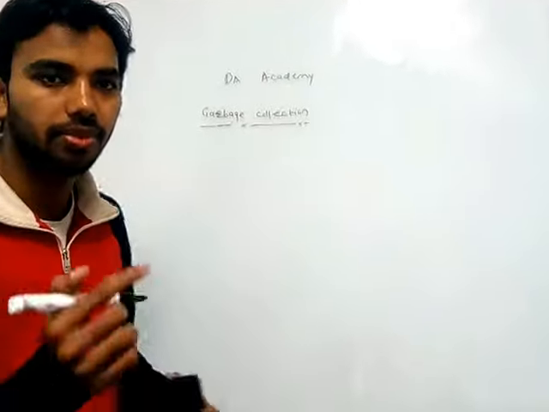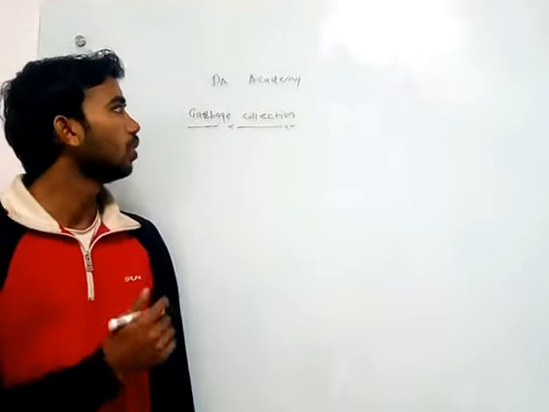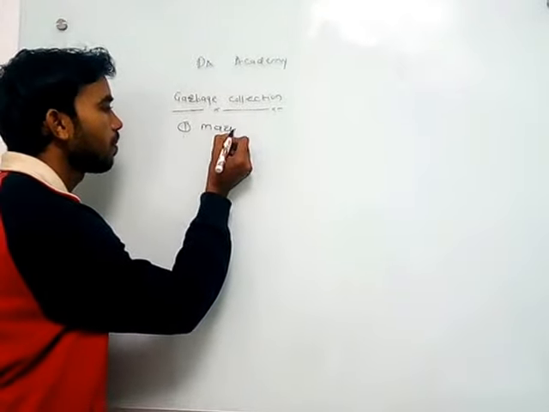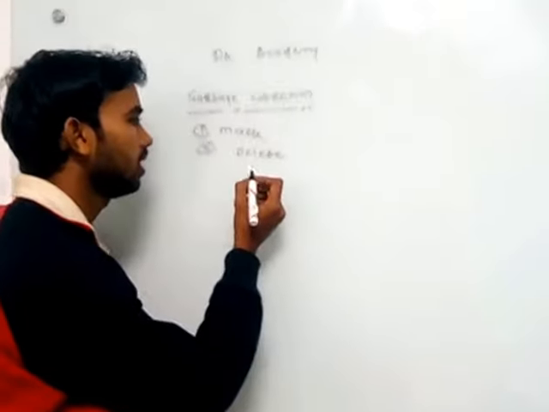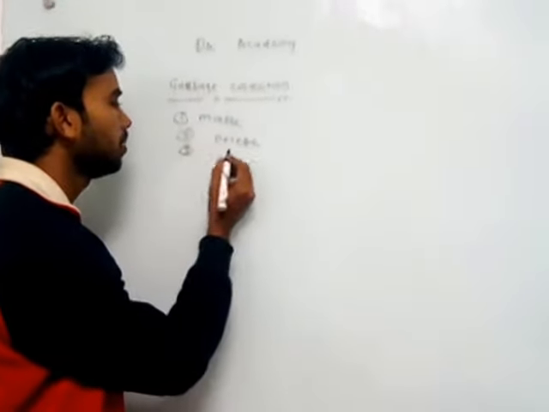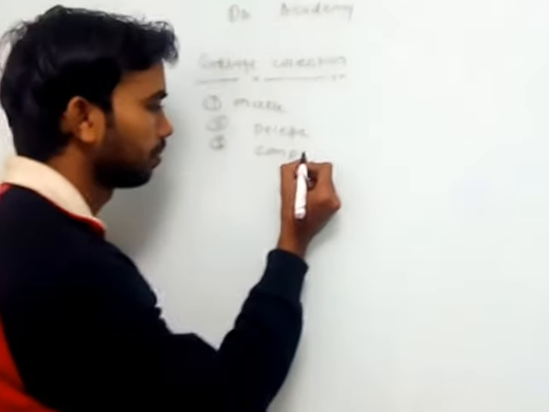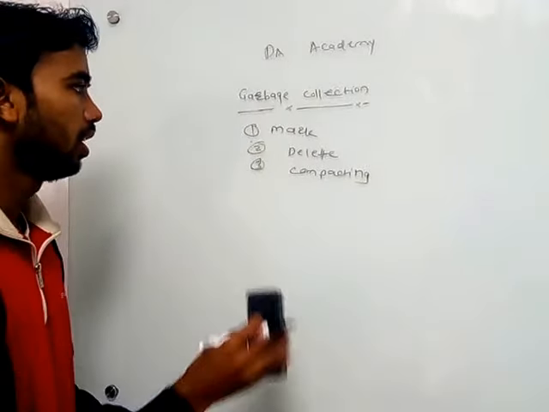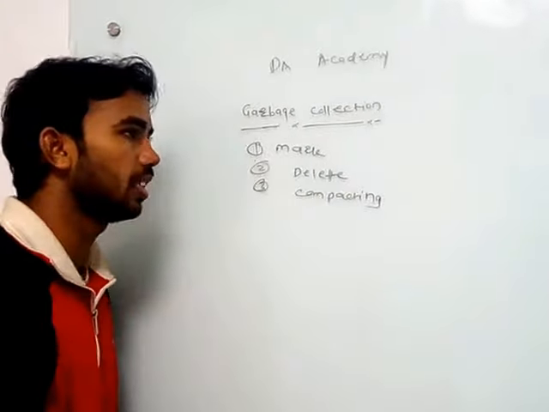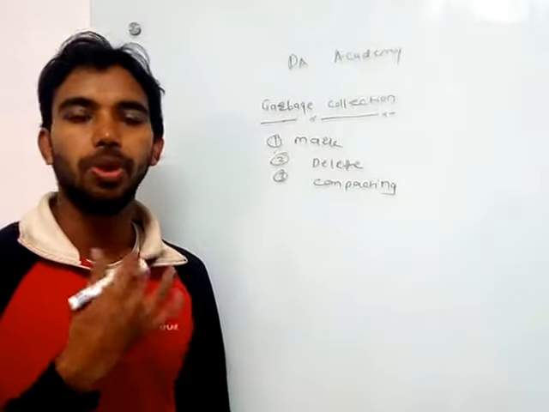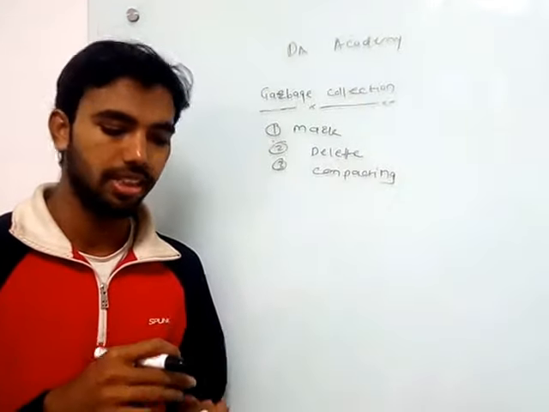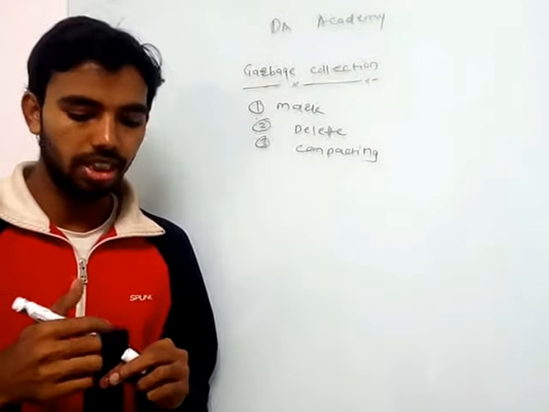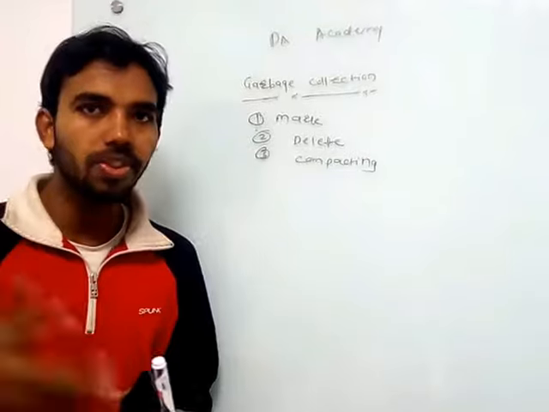Mainly there are three phases in garbage collection. First is mark, second is delete, third is compacting. Before that, I would like to tell you there are generations in garbage collection.